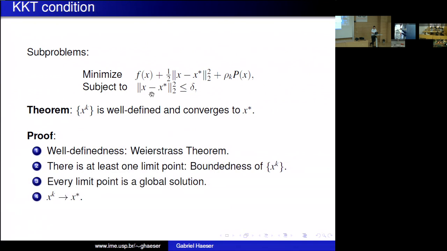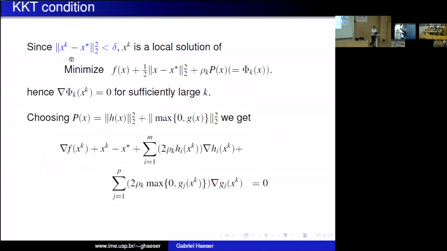Xk is getting closer and closer to x star as k goes to infinity, so this difference will be strictly less than any delta that I choose here. In particular, xk minus x star is strictly less than delta.